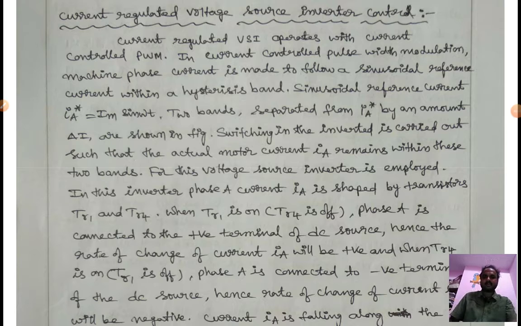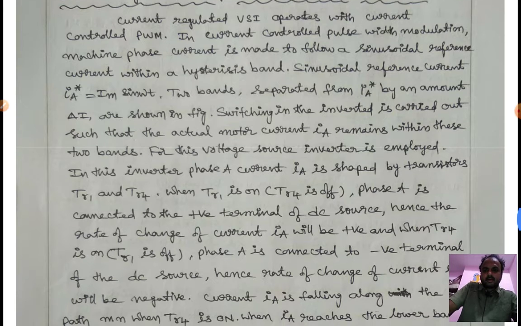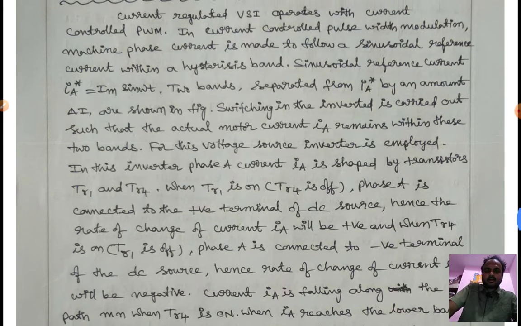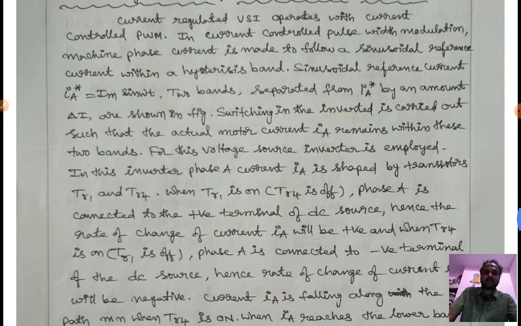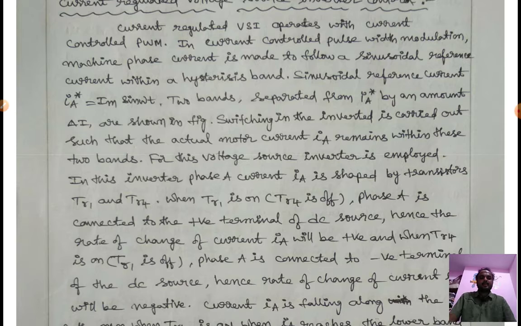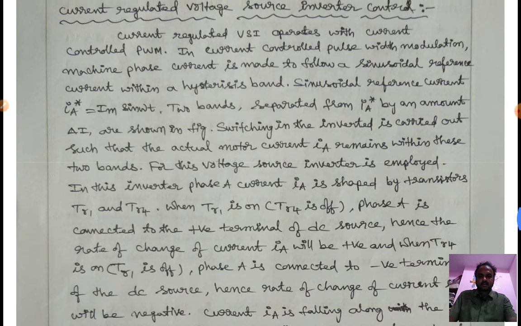In this video we'll discuss the current regulated voltage source inverter controller. Current regulated VSI operation uses current control PWM. In current controlled pulse width modulation, the machine phase current is made to follow a sinusoidal reference current within a hysteresis band.